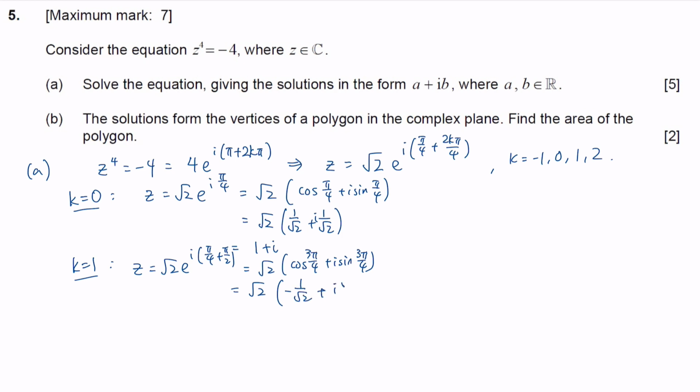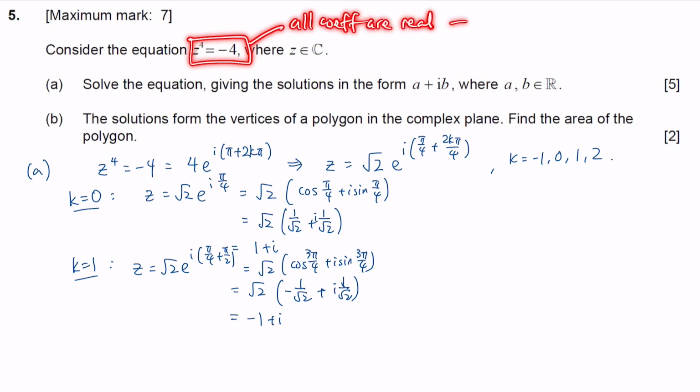Sine 3 pi over 4 is 1 over root 2. So this is minus 1 plus i. Now you can notice that the equation over here is an equation where all the coefficients are real. So that means that the conjugates are actually roots as well.